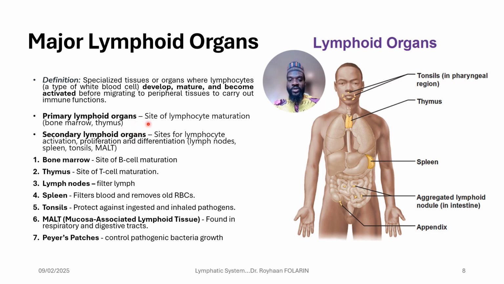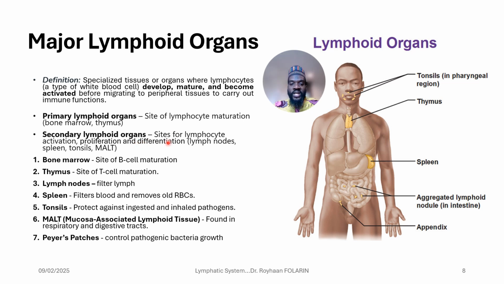The primary lymphoid organs are the site of lymphocyte maturation, be it B lymphocytes or T lymphocytes, which are types of white blood cells. So the site where they get matured, those are the primary lymphoid organs, and this includes the bone marrow and the thymus.